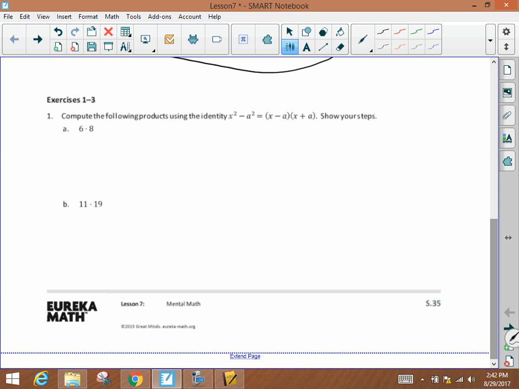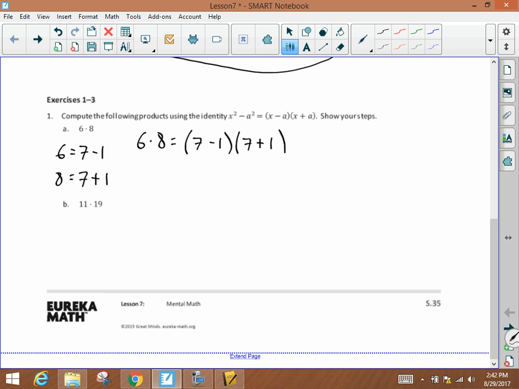Isn't it true that 6 is equal to 7 minus 1 and 8 is equal to 7 plus 1? Then can I say that 6 times 8 is the same thing as 7 minus 1 times 7 plus 1?